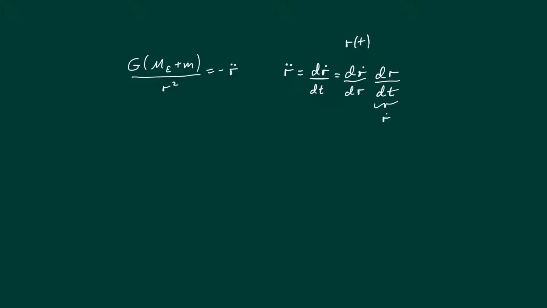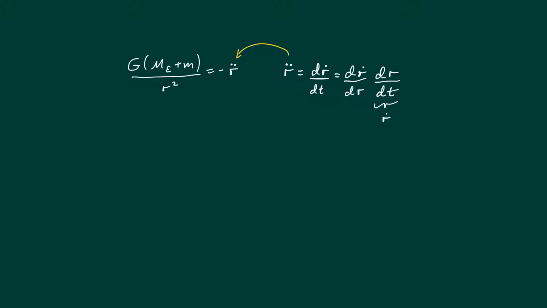simply r dot. And in the next step we insert this relation, the right hand side, here, and we separate the variables. So on the right hand side we would like to have something which is only dependent on the coordinate r.